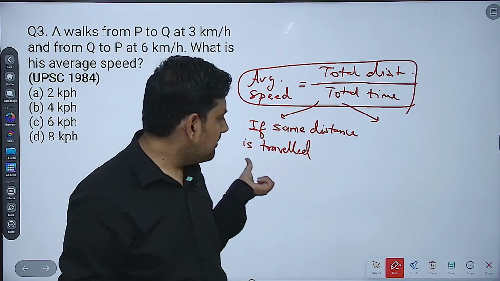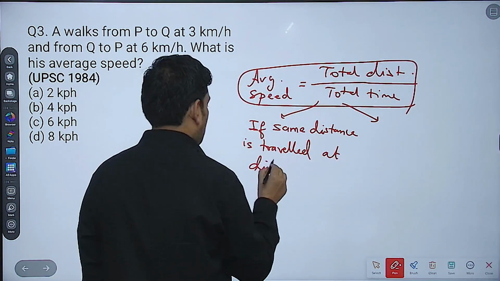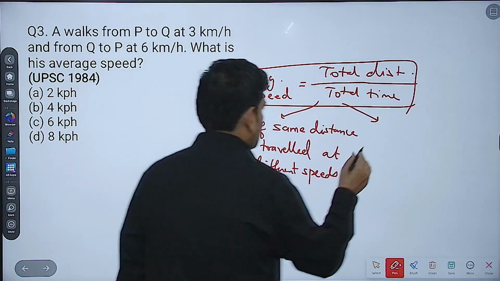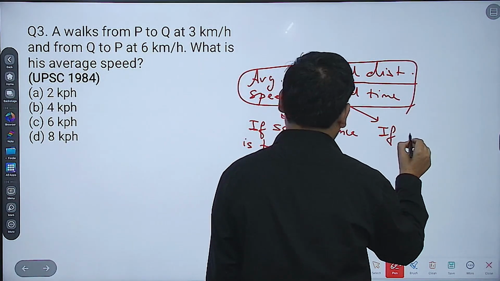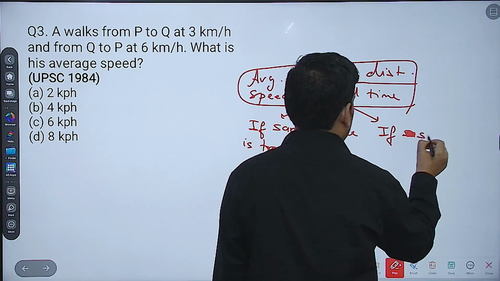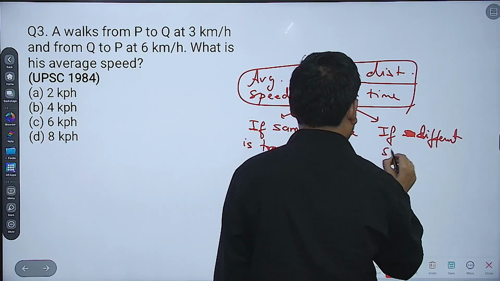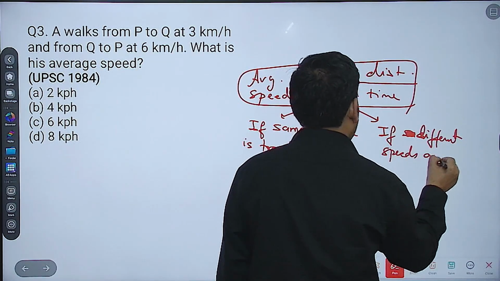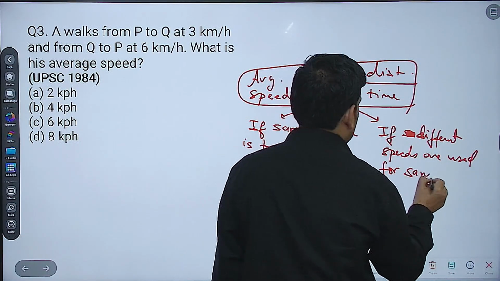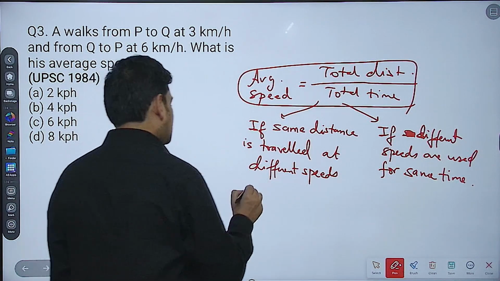If the same distance is traveled at different speeds, and if different speeds are used for the same time. Just understand the difference.